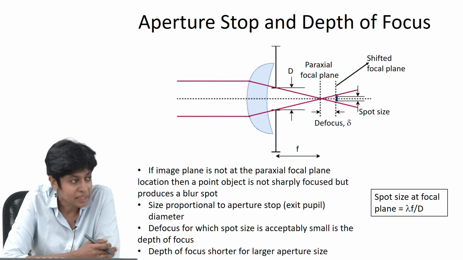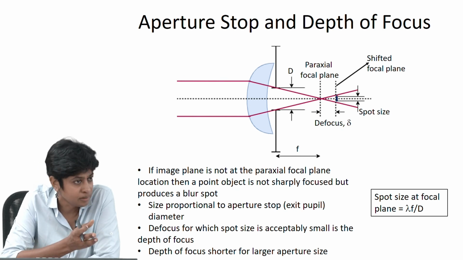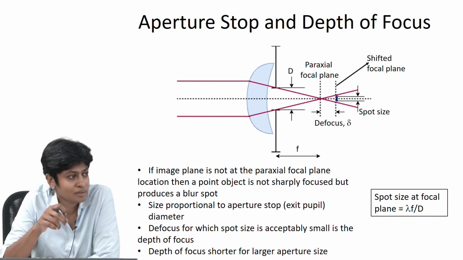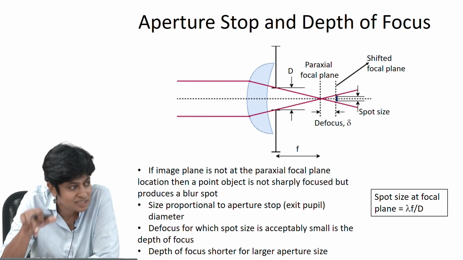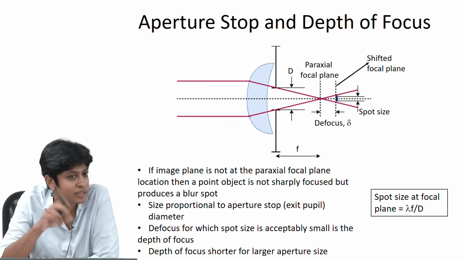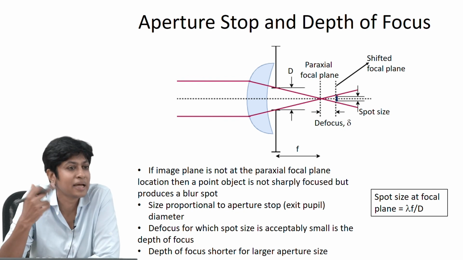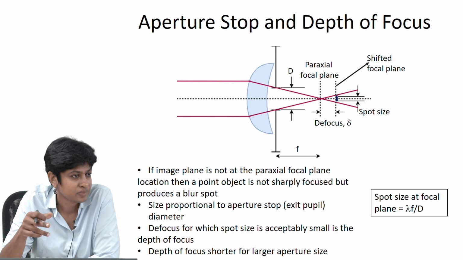It may be that this blur is still acceptable. My eye will not see this as blur. It's larger than a point, but it's smaller than what starts impacting my vision, right?